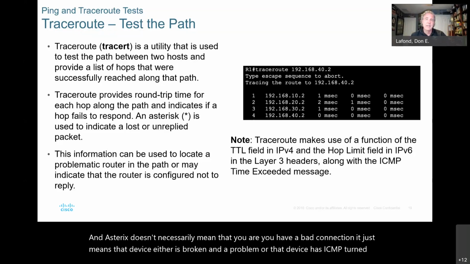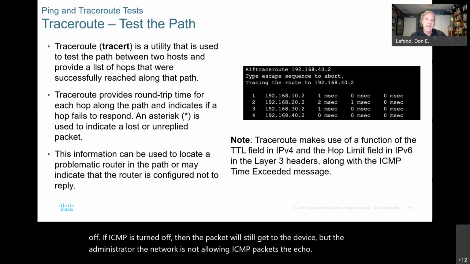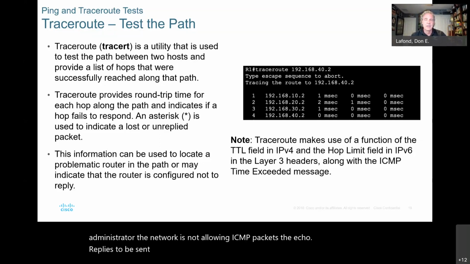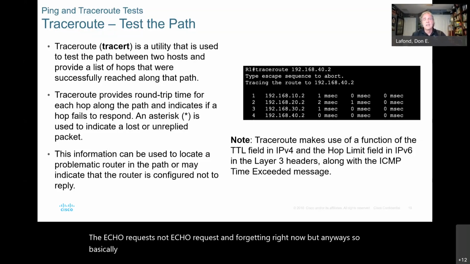If ICMP is turned off, then the packet will still get to the device, but the administrator, the network, is not allowing ICMP packets, the echo replies, to be sent back. I'm forgetting right now. But anyways, so basically, you reach out.